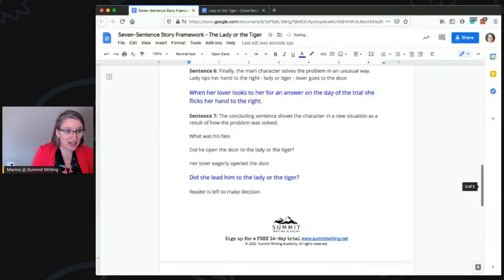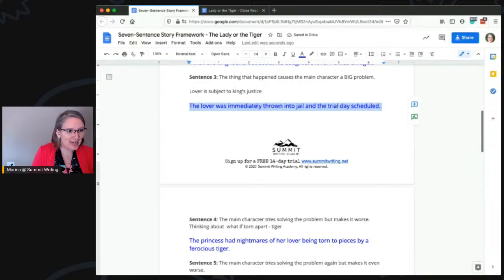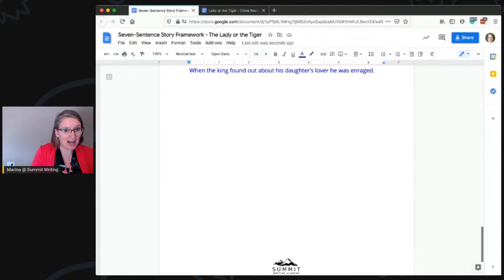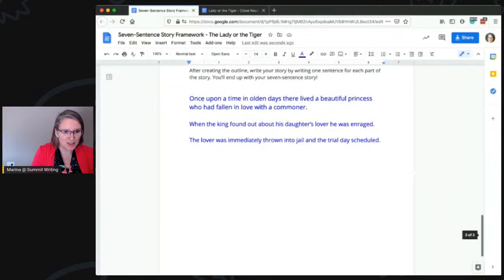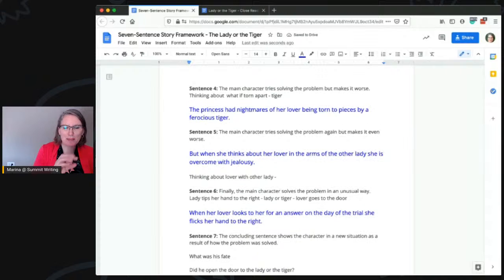The other beauty of doing a 7-sentence story is you'll be able to see the story structure and then think, I have a character that I could use in a similar situation. And you could change the characters, change even the setting. Maybe you want to make it modern day, change the dilemma, but the premise of the story is still the same, this impossible decision.